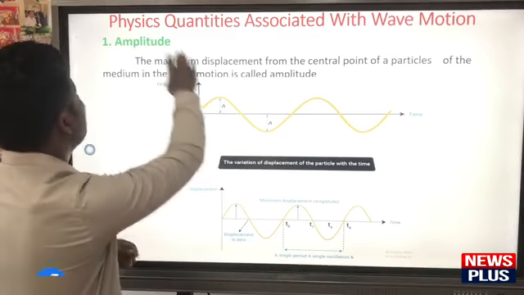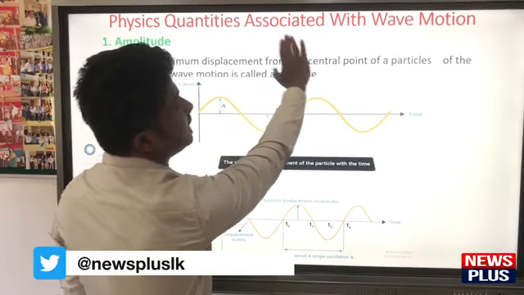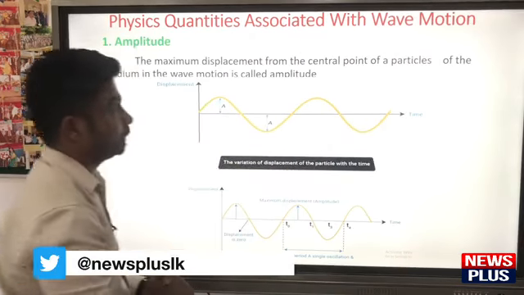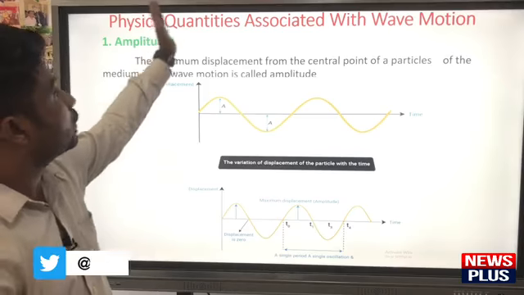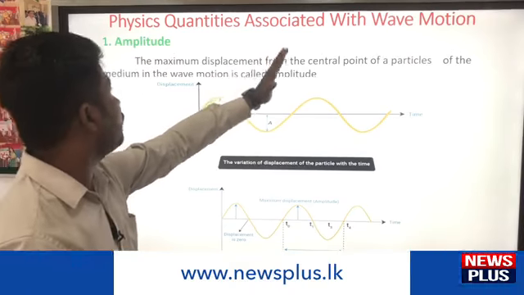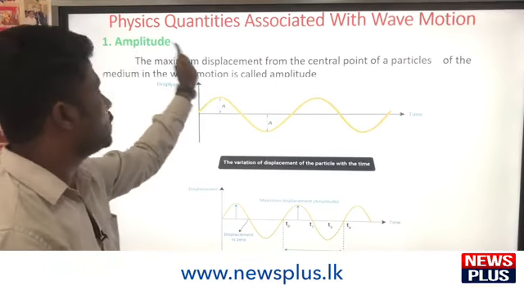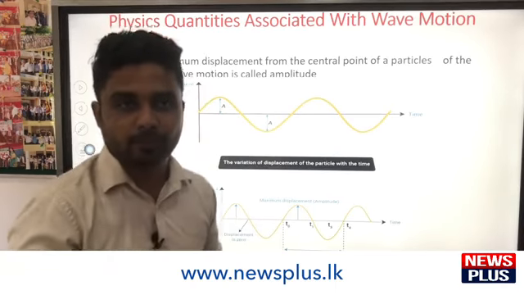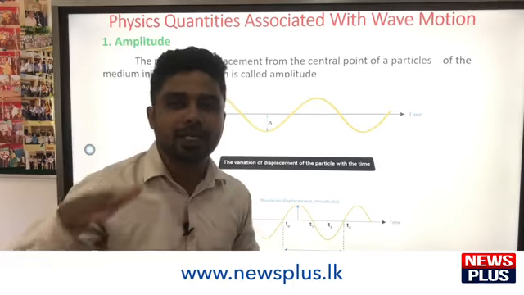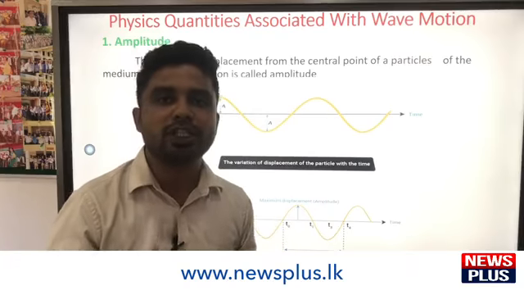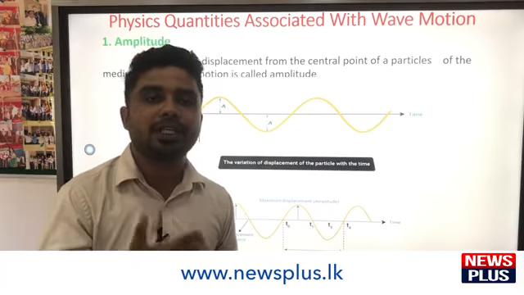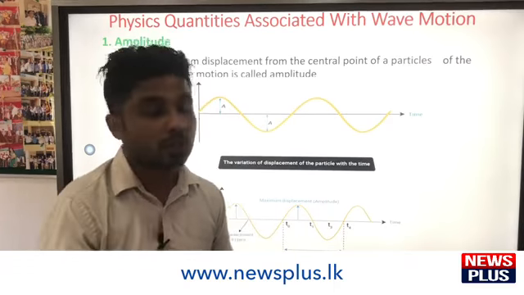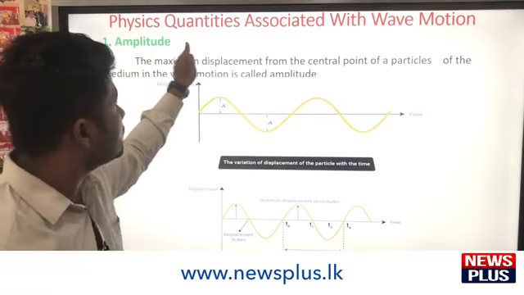Let's look at physical quantities associated with wave motion. The first physical quantity of wave motion is amplitude. Amplitude means veecham in Tamil. So when a wave propagates, there could be many physical properties formed. So this is amplitude.